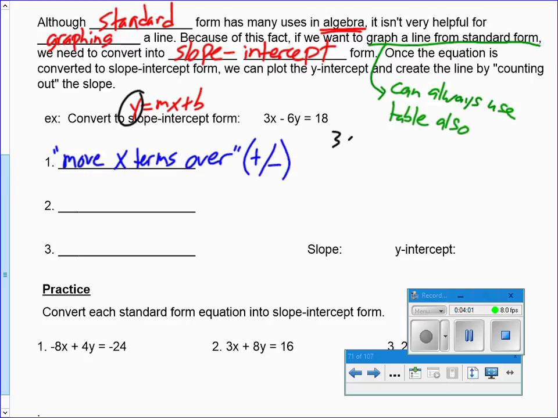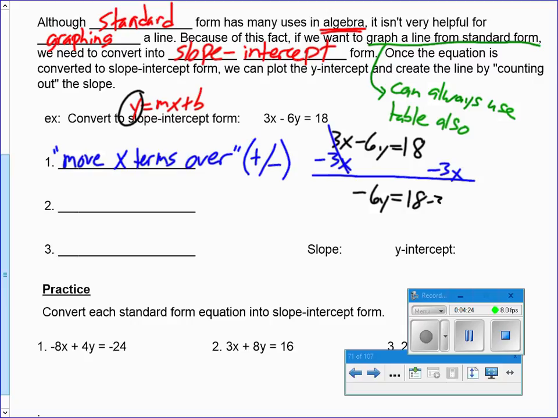So 3x minus 6y equals 18. The first step is we take the x term, that's 3x, and move it over. So to do that, we're going to subtract 3x. Alright, so I've got negative 6y equals 18 minus 3x.